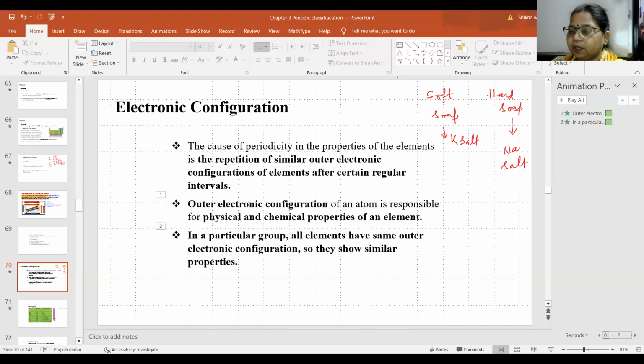Hard soap means if you feel your skin is rough or your face is developing some harshness, that means it is having a sodium salt. Whereas potassium salt is in the chemicals which we use for washing hair, or as I told you, the Dove and different types of face washes, they use potassium salt, right?